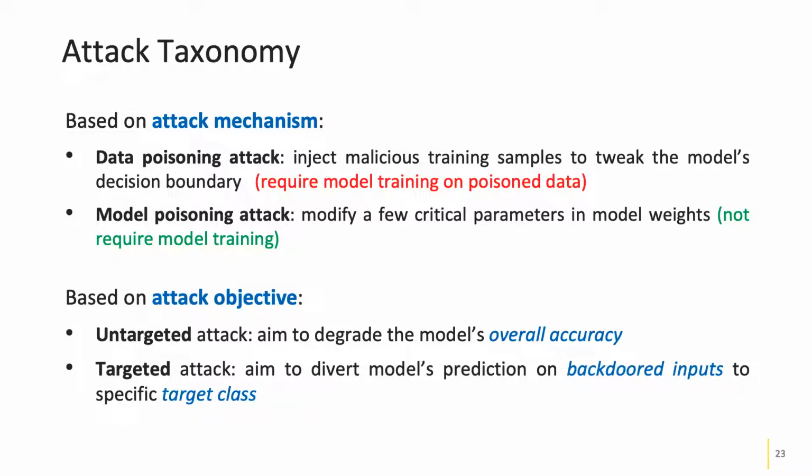For untargeted attack, the goal of the adversary is to degrade the overall accuracy of the model on arbitrary inputs. For targeted attack, the goal is to divert the model's prediction on specific samples, which we call backdoor inputs, to a specific attack target class.